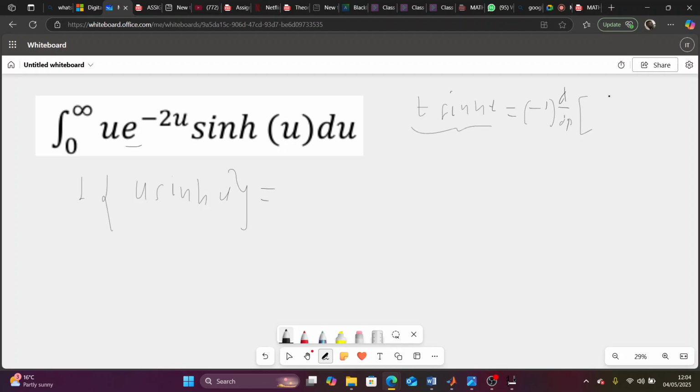Do you see, Mr. Kenichi? What is a? 1. I was copying the formula. It is 1. What is that one again? It is p square plus a square, which is what? P square plus 1. Now you differentiate this one because you are solving for that.